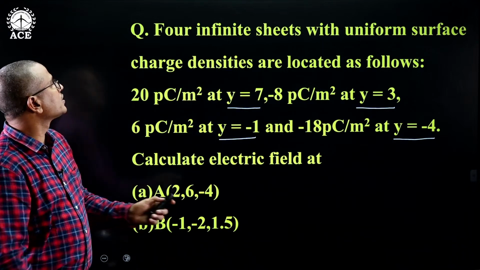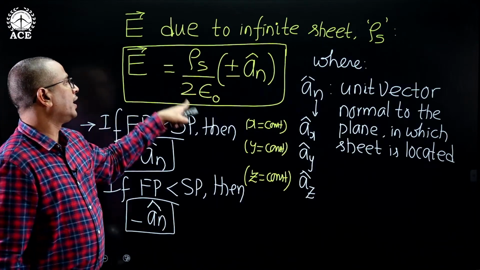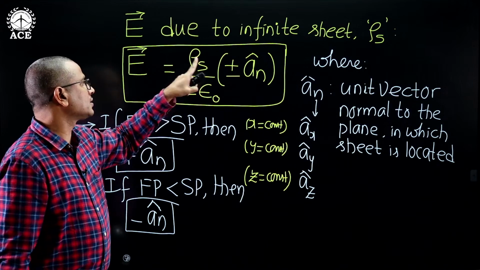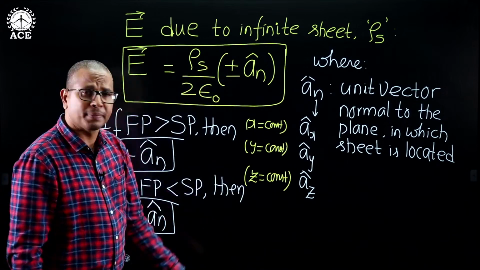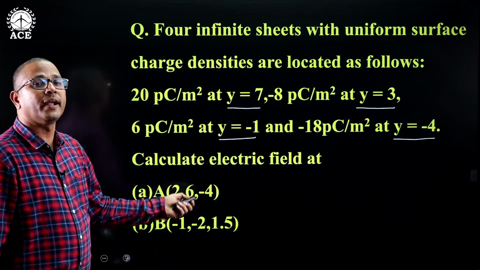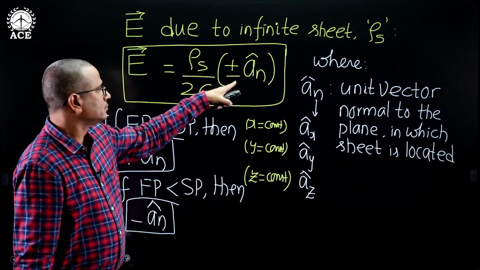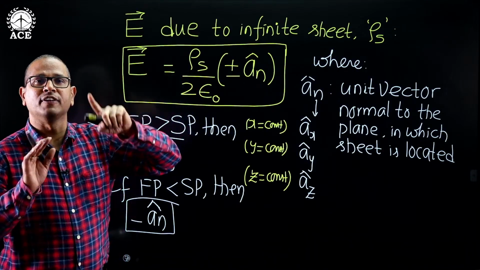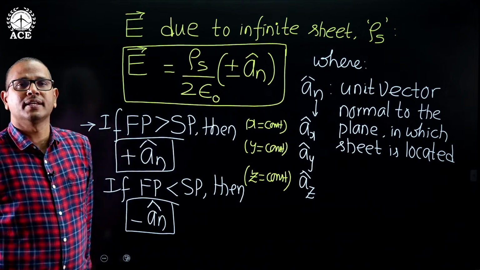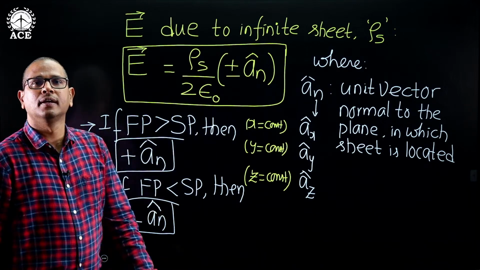Look at the magnitude equation: rho_s by 2 epsilon. Any coordinate here? No. No distance, nothing. But what is the purpose of coordinates in the field point? To decide the sign of a_n cap. So whether your field is above or below, greater than or less than, only to decide that we need coordinates.